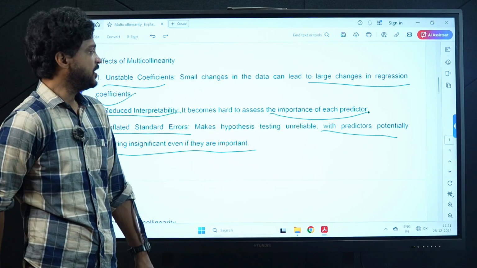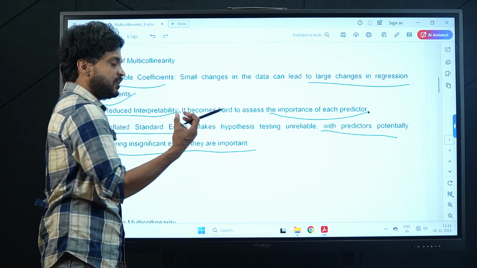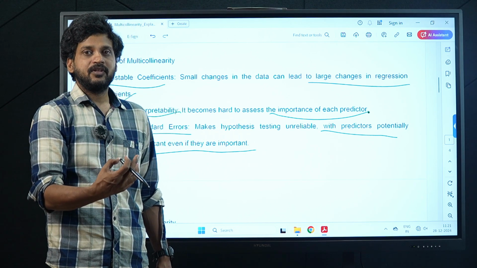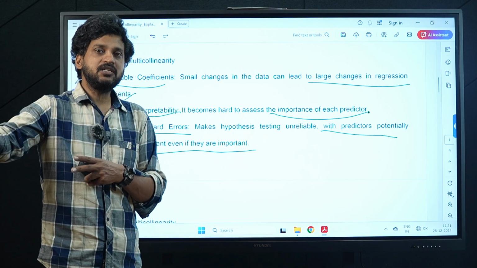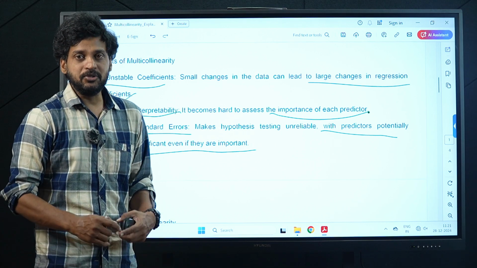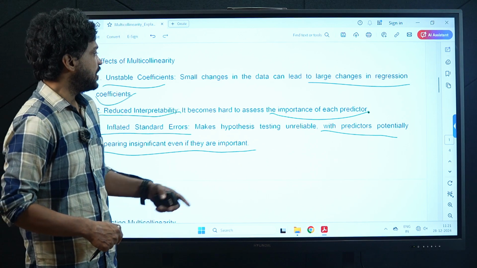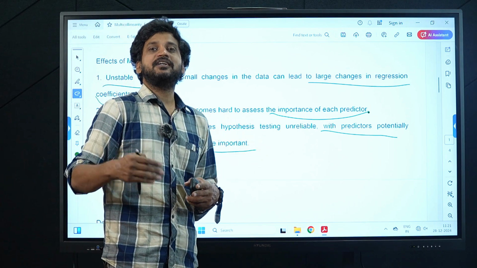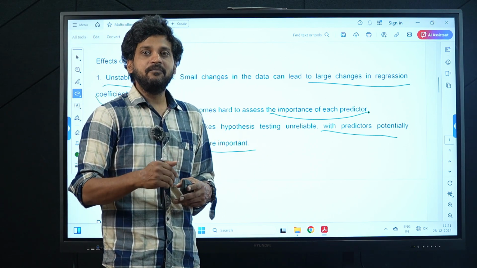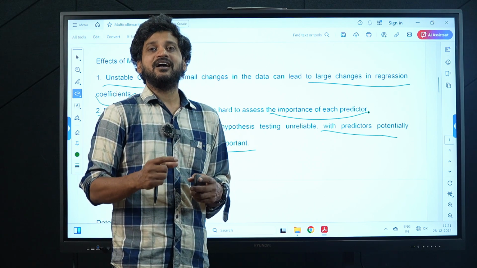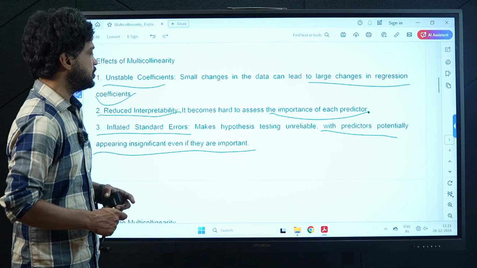The contribution of a predictor is vital towards the model prediction, but due to multicollinearity, the importance of a predictor may get subdued, suggesting that it is not contributing well to the model, although it is a very valuable predictor towards the model prediction.